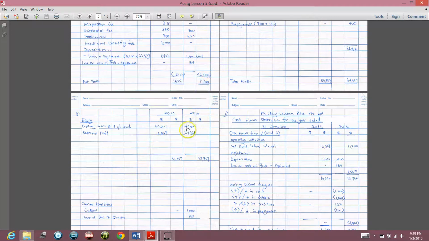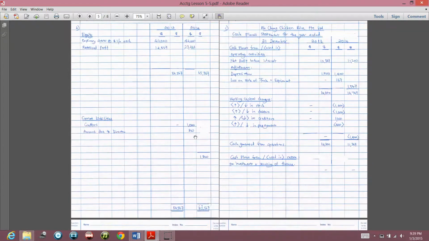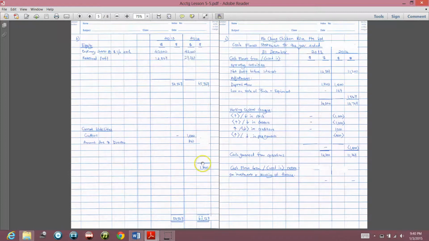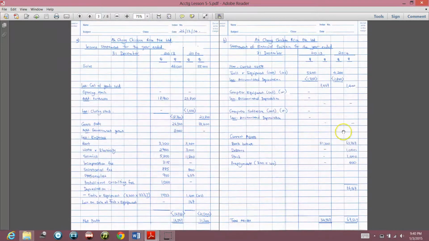So the retained profit for 2014 will be 12,567 plus 11,200, which is equal to 23,767. This is the accumulated profit for the company. So this one plus this one will be 67,567. It balances with the total assets over here. Total assets will be 1,004 plus 66,167.